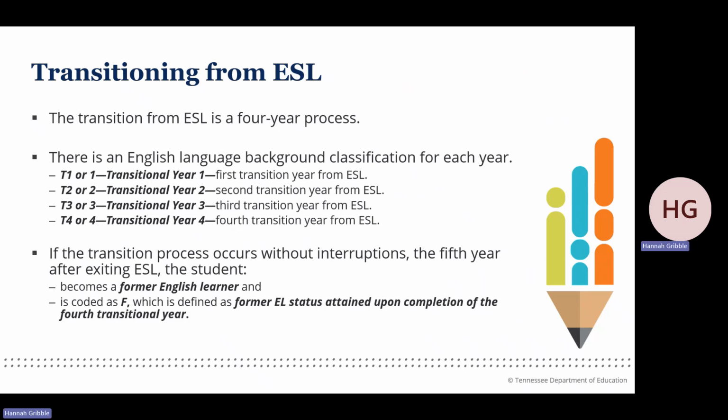T4 or 4 is transitional year 4, the fourth year transition from ESL. If the transition process occurs without interruptions, the 5th year after exiting ESL, the student becomes a former English learner and is coded as F, which is defined as former EL status attained upon completion of the 4th transitional year.